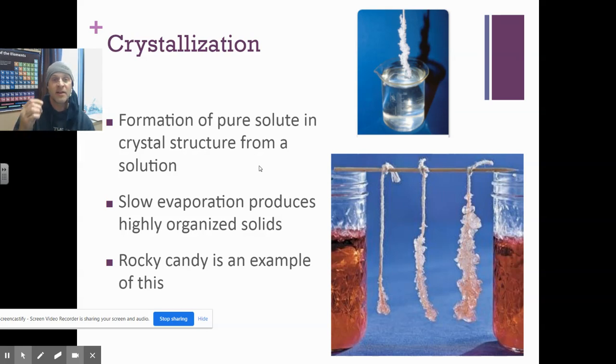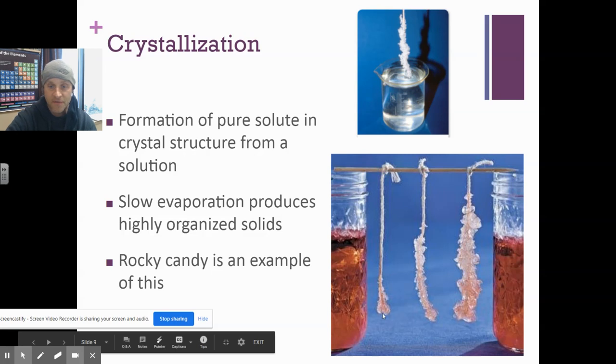The way they do it is they take really concentrated sugar water, dip it in there, and let it sit. Some crystals form, they pull it out, and then they do it again, and again, and again. This picture shows the first time it's dipped, the second time, the third time, and now you've got some crystals. And if that's sugar, it tastes good, and they put coloring in there.